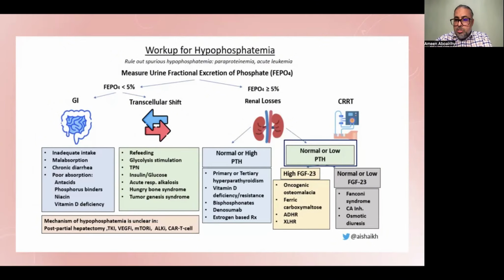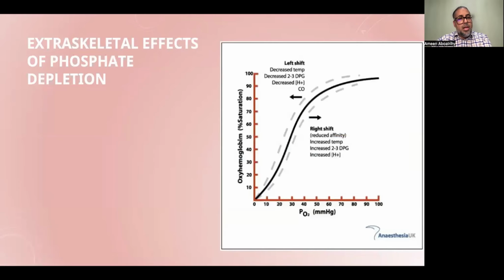Or if PTH is normal or low, then you think of whether it is related to FGF23. FGF23, as we said, is a phosphaturic hormone. It pushes phosphate outside through the urine. And even using ferric carboxymaltose could raise FGF23 and could cause some sort of hypophosphatemia. If FGF23 is high, maybe one of those is there. If it is normal or low, maybe Fanconi is at the top of the list.